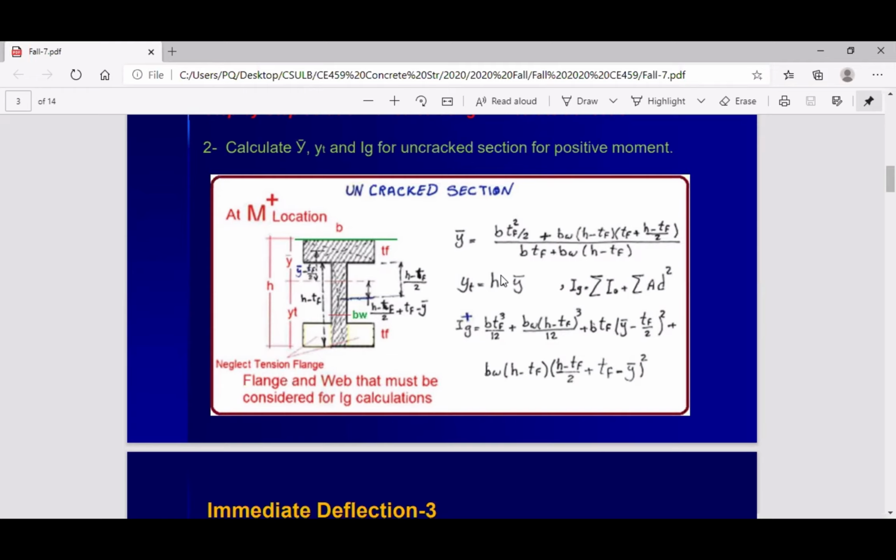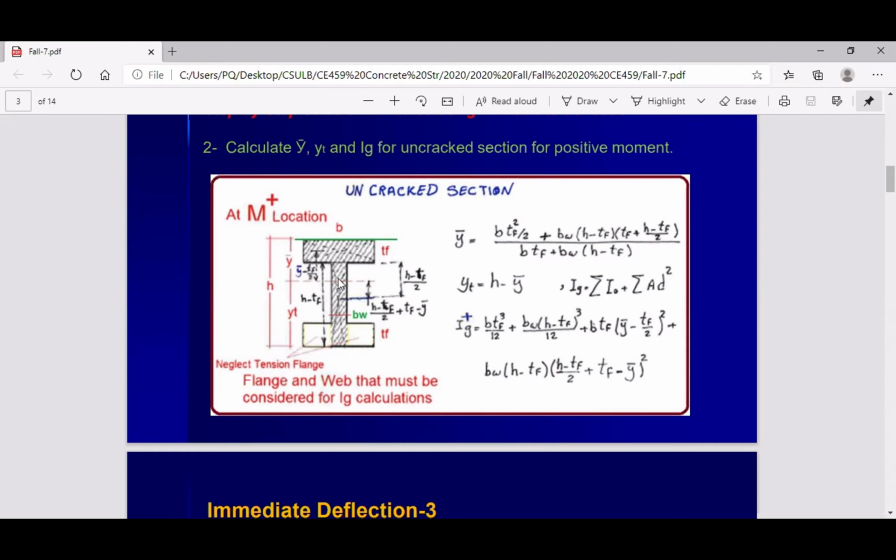What's the question? Where is D calculated from? This D is not the same D that we are considering for rebar calculation. This D means distance from the center of each part to the neutral axis of the whole section. The first area is this one. Distance from this center to this line is the D for this section.